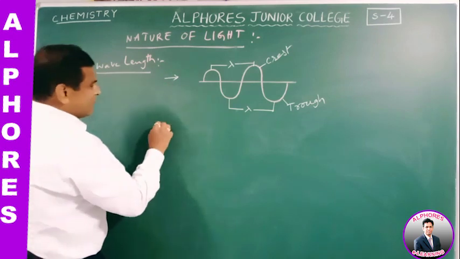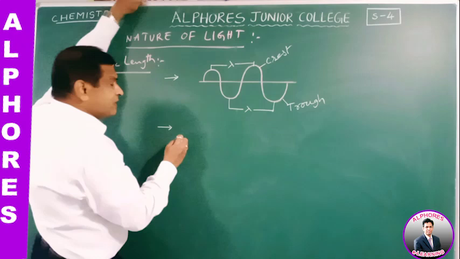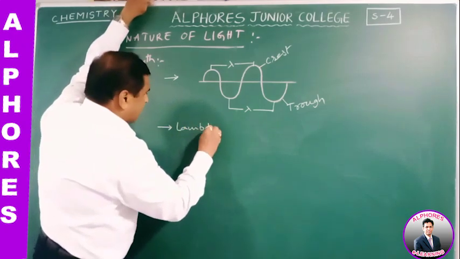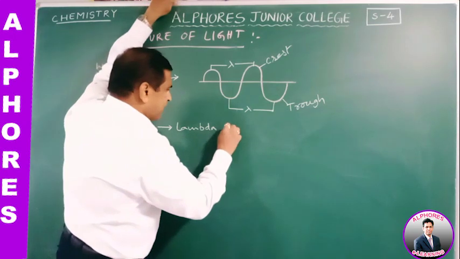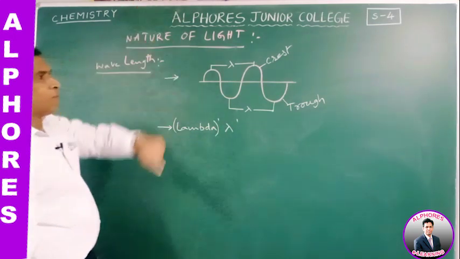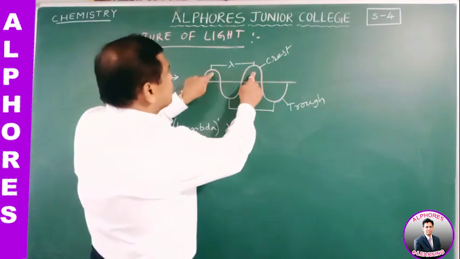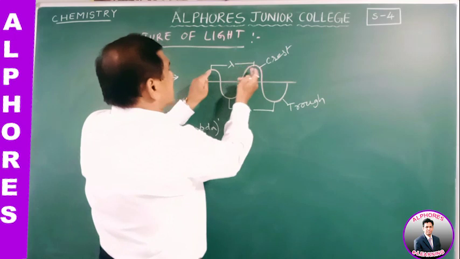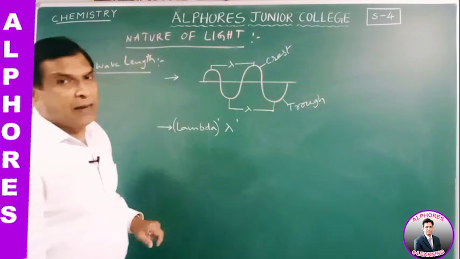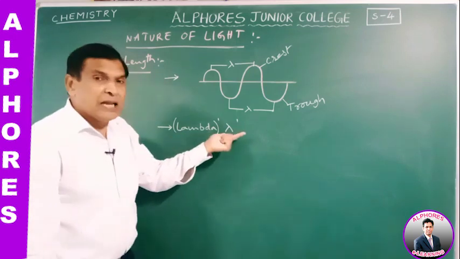The second point is that wavelength is denoted by the symbol lambda. Once again, the distance between two successive, that means adjacent, crests or troughs is known as wavelength. Next, it is denoted by the symbol lambda.